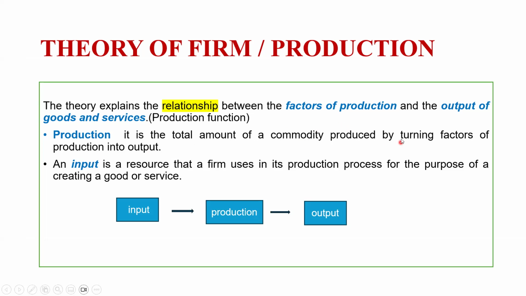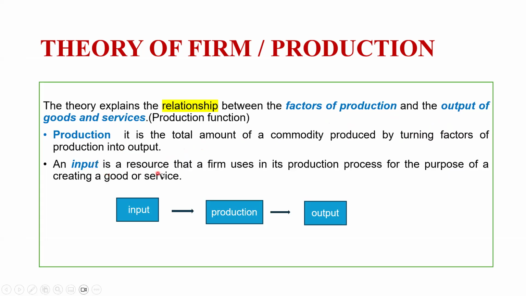So you can start from here to say that it's the process of turning our factors of production into outputs, because the total amount of commodity is basically the output that has been produced. It's basically turning your factors of production into outputs. And then what is your input?